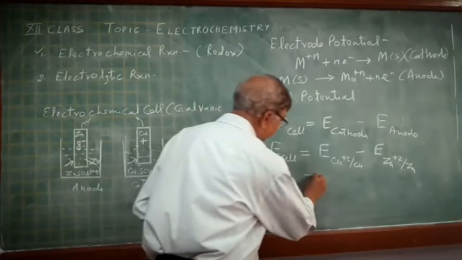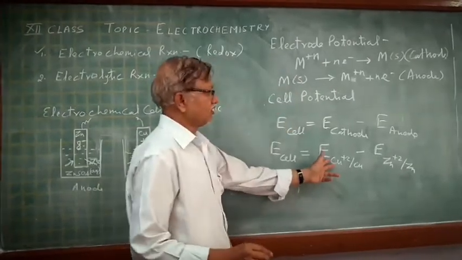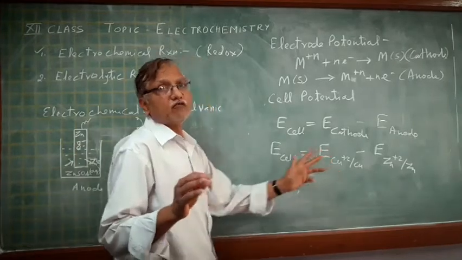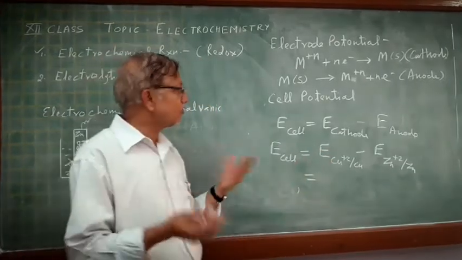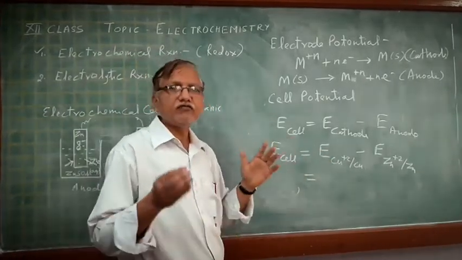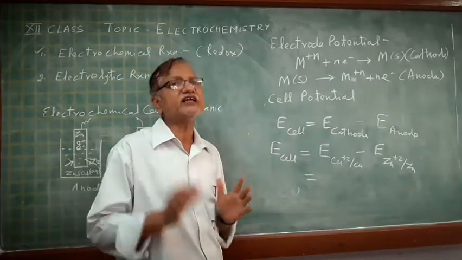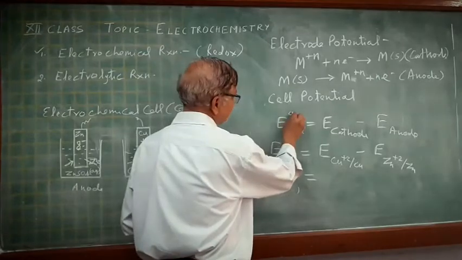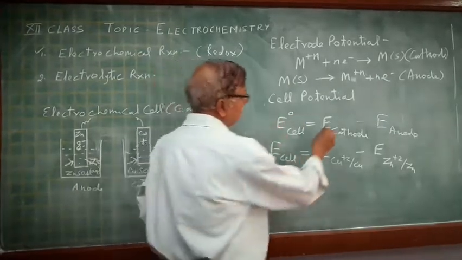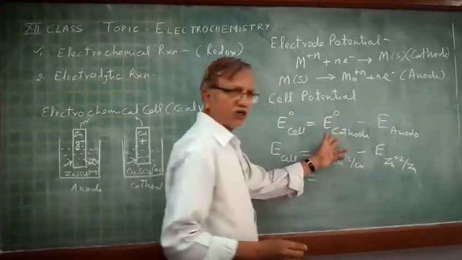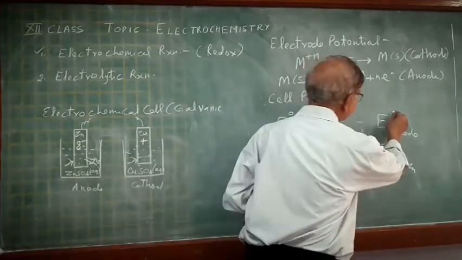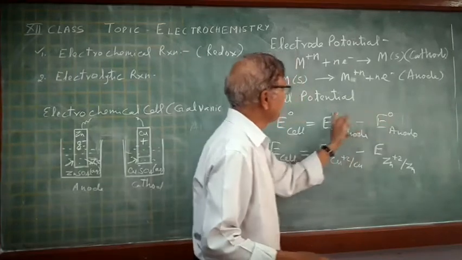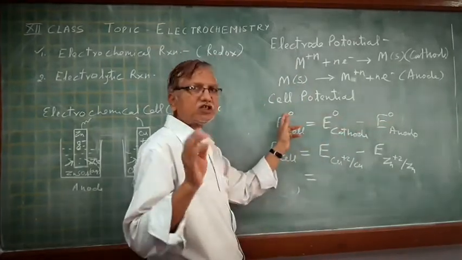Now the value of E cathode, suppose this is the general electrode potential. Actually, when we want to calculate the potential of the cell, we use standard conditions. For standard state we apply E0 cell, standard cathode potential and standard anode potential. What is this naught? E naught means standard state.